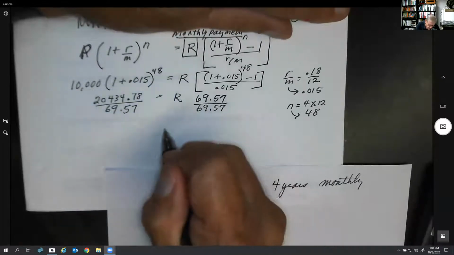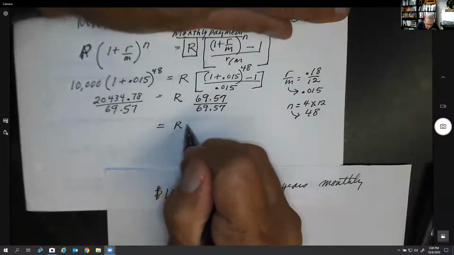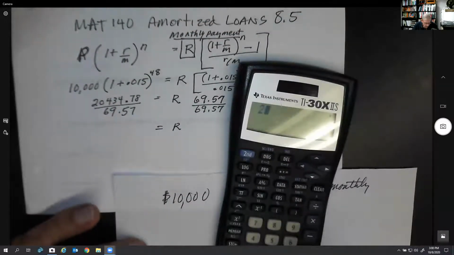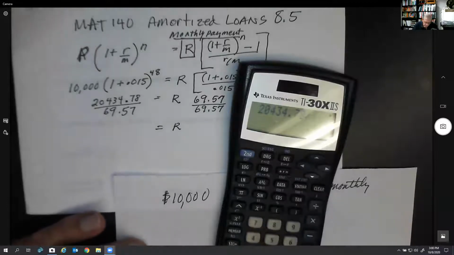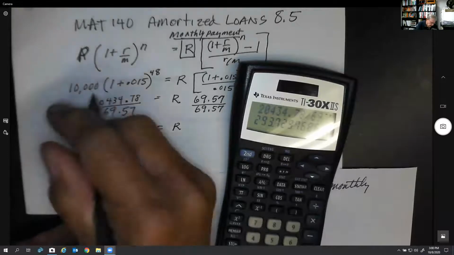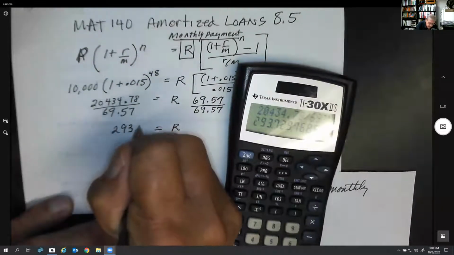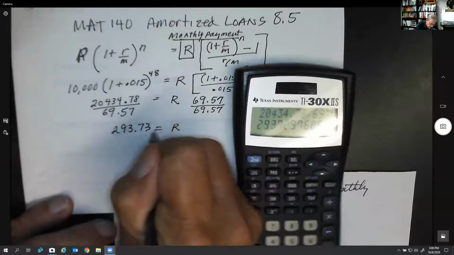See, it wasn't so hard. Okay, clear it. $20,434.78 divided by 69.57. 293.73, and that should be your payment.